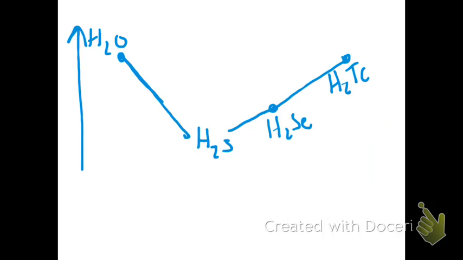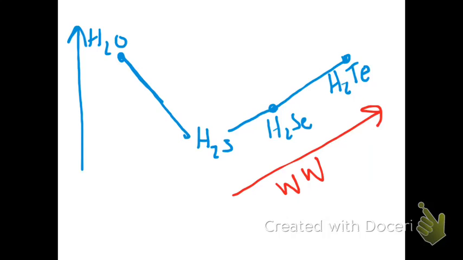Alright, so what's occurring here? Why do we see this boiling point trend? Well, first of all, let's take a look from H2S to H2Se and H2Te. Now here we see an increase. So from here we're getting an increase in molecular weight, and we know that when we increase the molecular weight, the intermolecular forces are getting stronger.